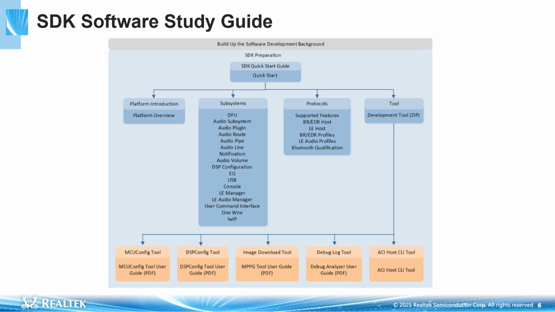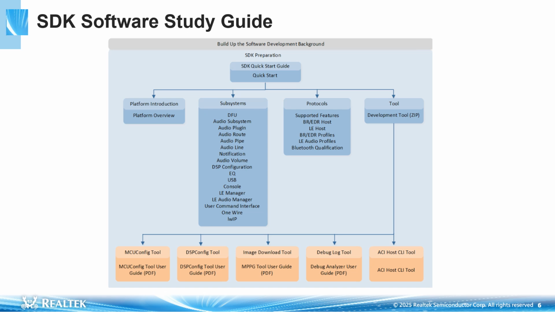The tool set documentation introduces the purposes and usage instructions of these tools. The MCU config tool is used for system configuration and application UI parameter configuration. The DSP config tool is used for generating DSP configuration images. The MPPG tool is used for RD programming and mass production burning.